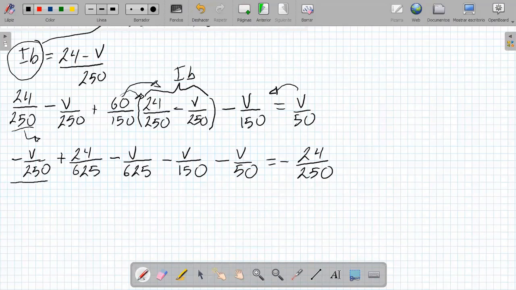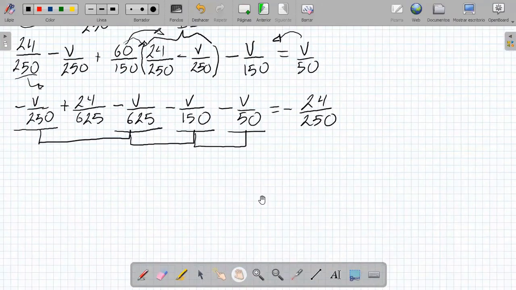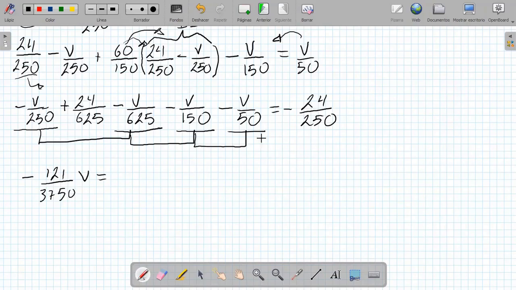So if I operate this, that is, minus V over 250 minus V over 625 minus V over 150 minus V over 50, all that is going to give me minus 121 over 3,750. Please verify yourselves.